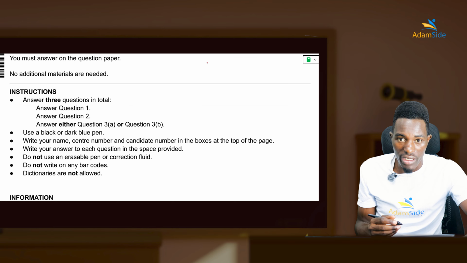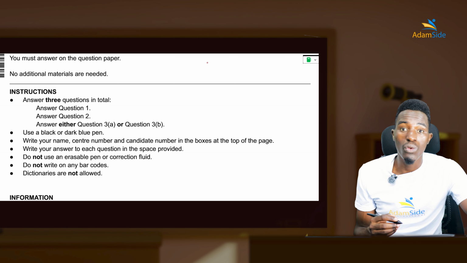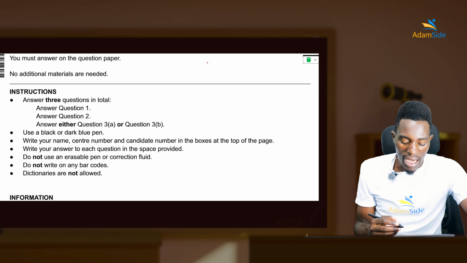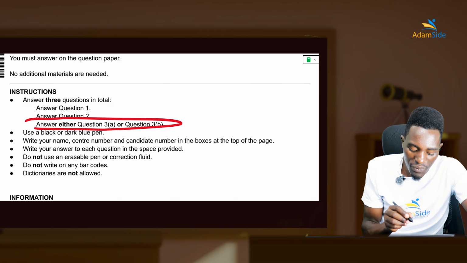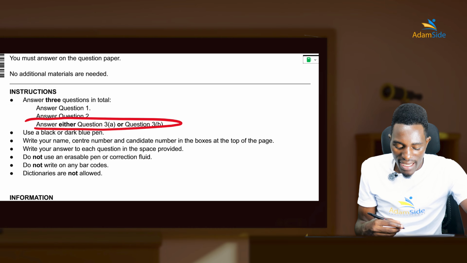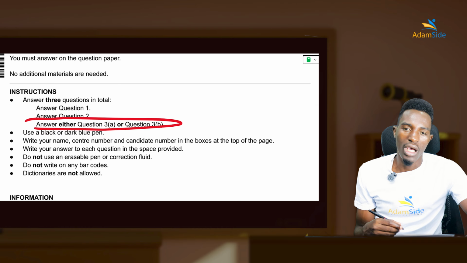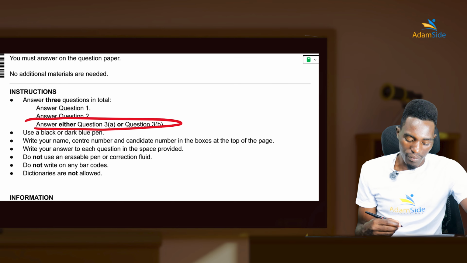Question number 1 is compulsory, question number 2 is also compulsory, and question number 3 is an option: answer either question 3A or question 3B. So in question 3, you will have the option of choosing either 3A or 3B.